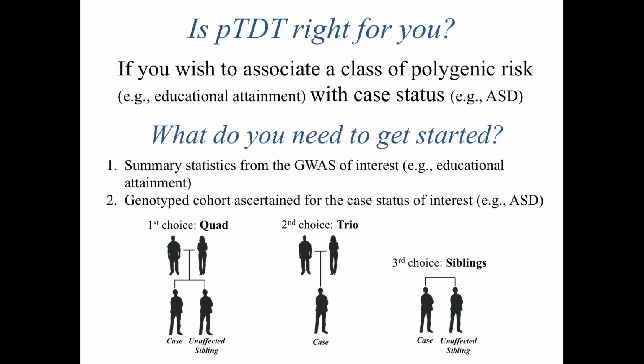If the unaffected siblings don't exist, then trios work fine as well. And you can also use case-unaffected sibling cohorts, assuming that the unaffected sibling is just a noisy proxy for the average polygenic risk of the parents. So not ideal, but if that's what you have, then that works too.